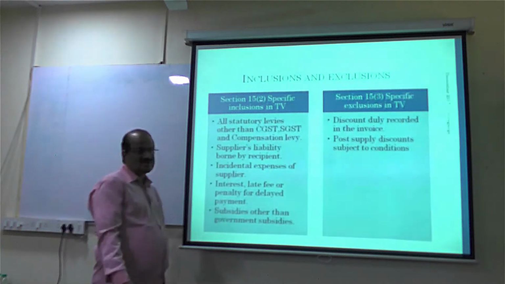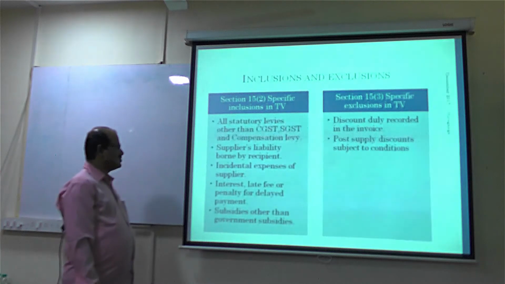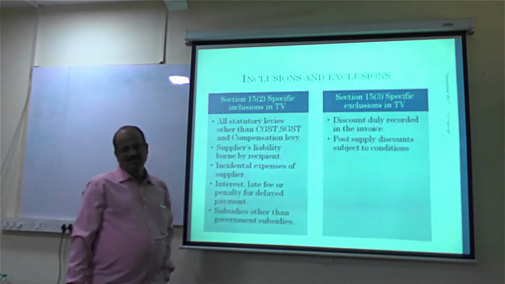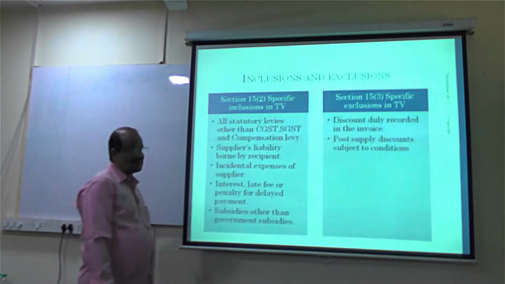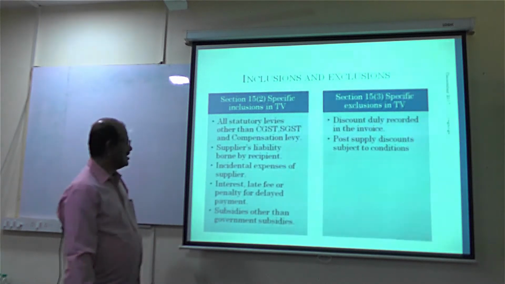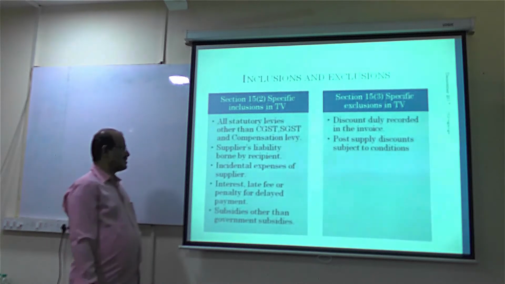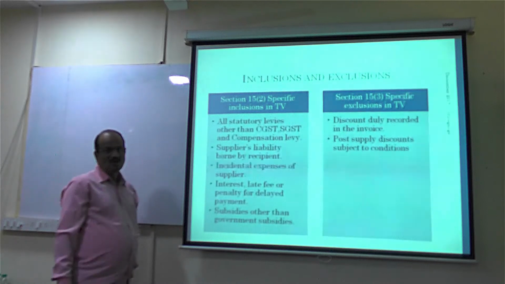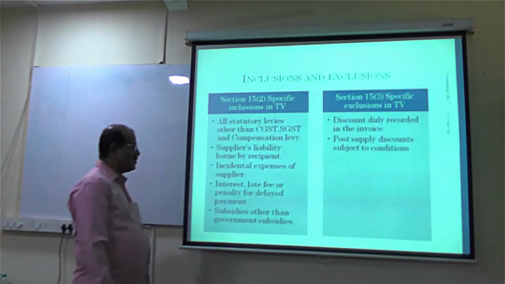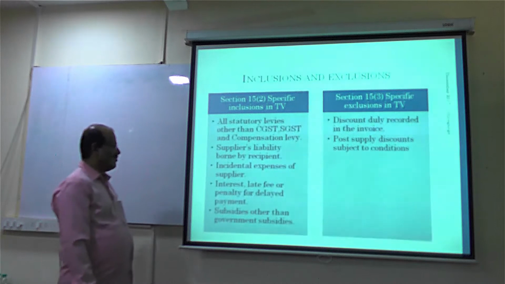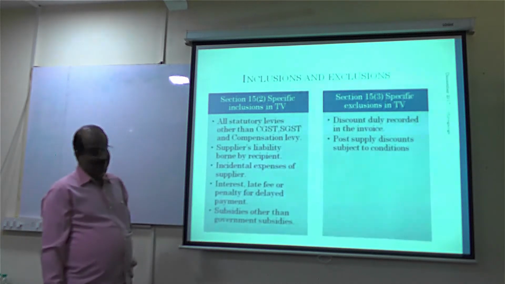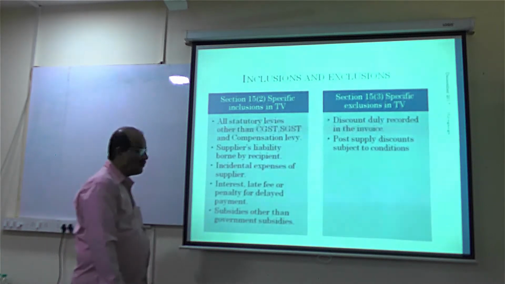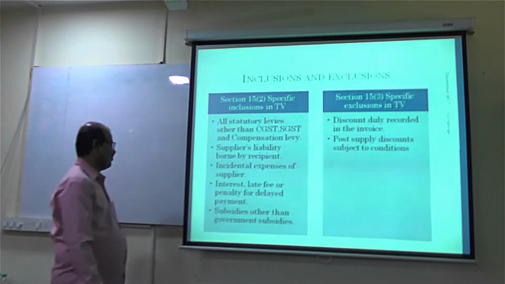One of the examples is the supply of molds, jigs, tools or machinery by the recipient of the goods to the supplier for use in the manufacture or production of the goods while supplying the goods to the recipient. These are to be included, and these were to be included even earlier when there was a levy on the transaction value under central excise on the goods manufactured within the country.